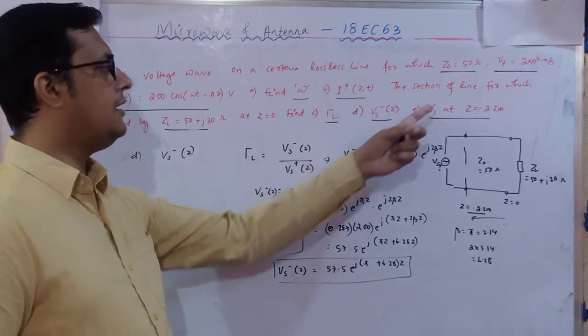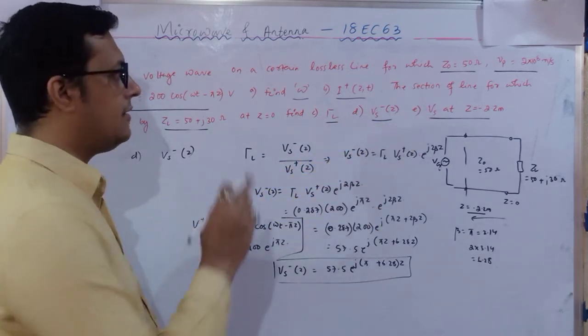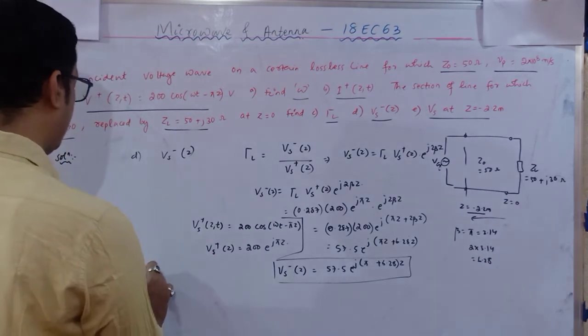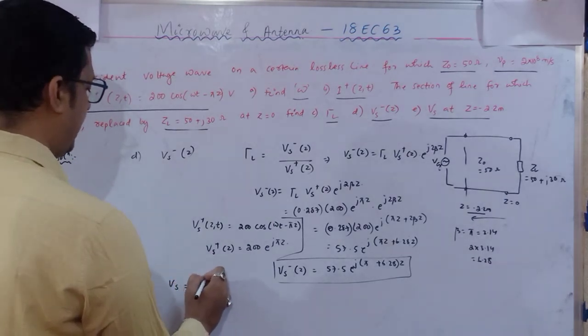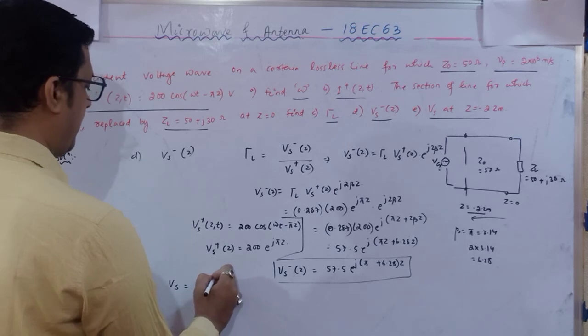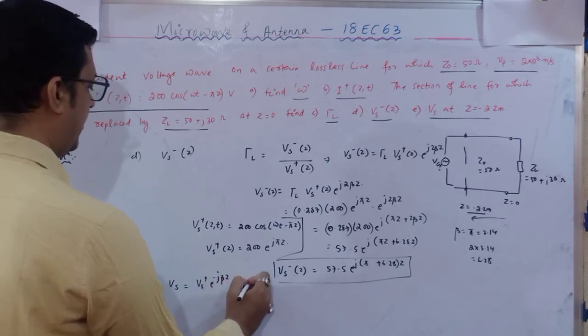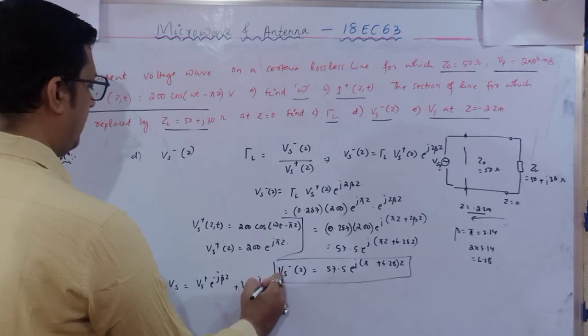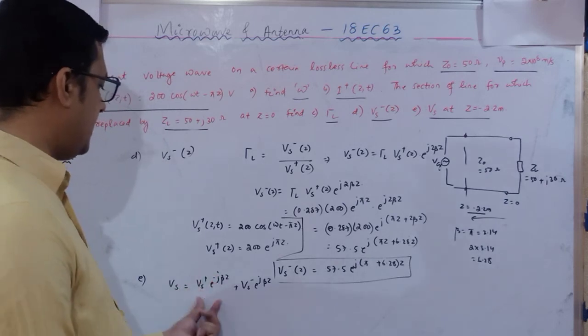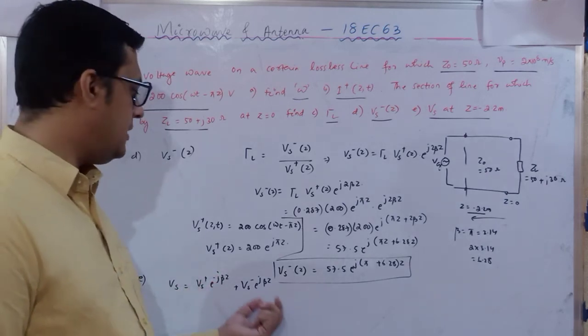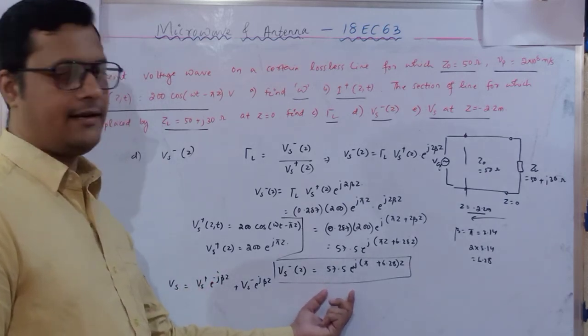Now we have to calculate what is Vs at minus 2.2. Now Vs equals Vs plus e to the power minus j beta z plus Vs minus e to the power j beta z. This value we know, we have calculated it now.